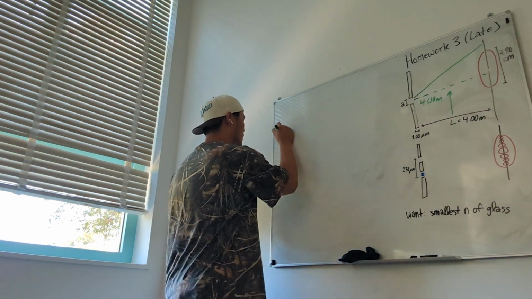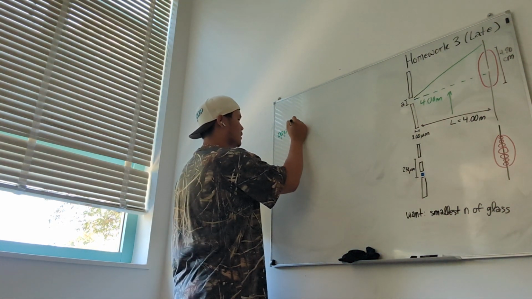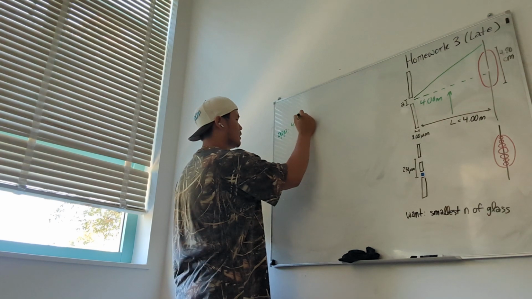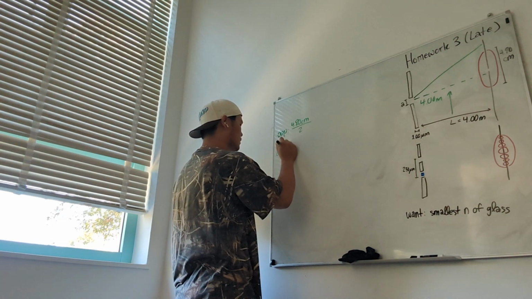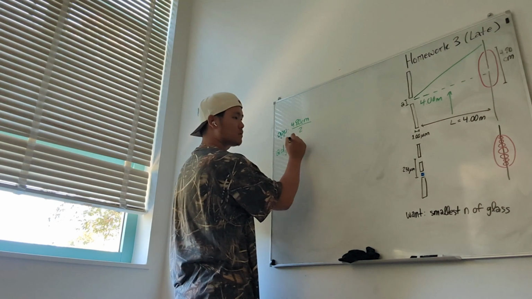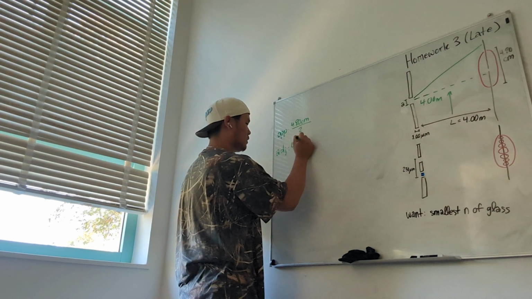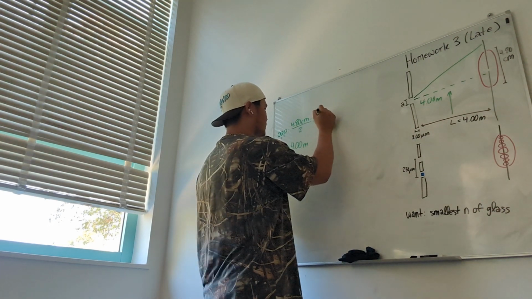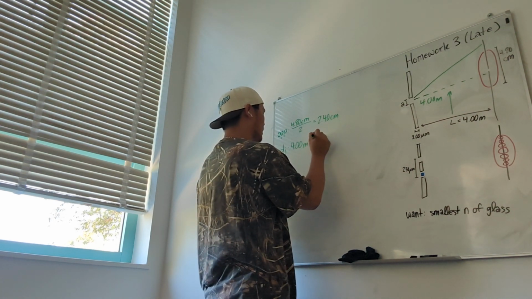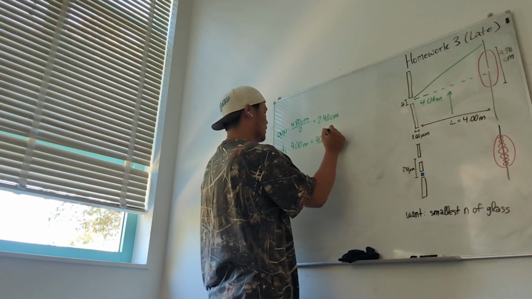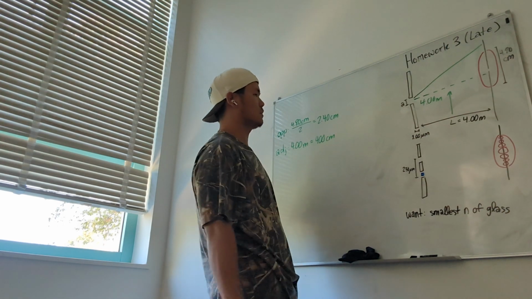So if we know the opposite is 4.8 centimeters in half, and we know the adjacent is 4 meters, that gives us an opposite of 2.4 centimeters and an adjacent of 400 centimeters, right?